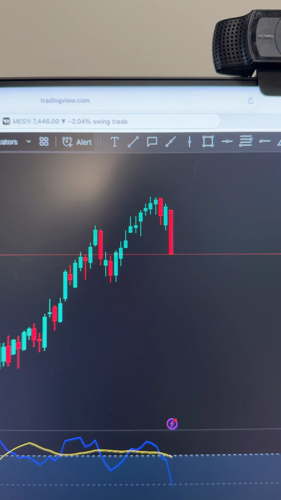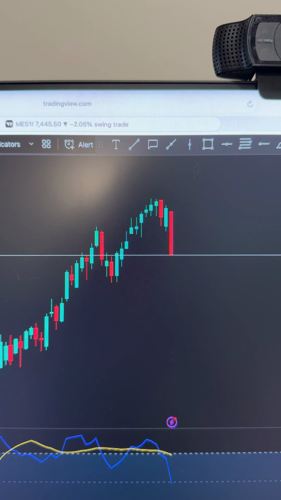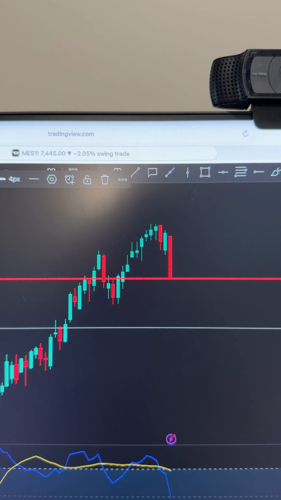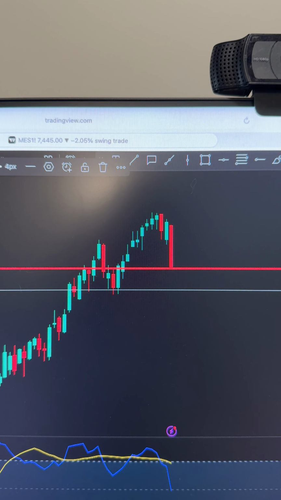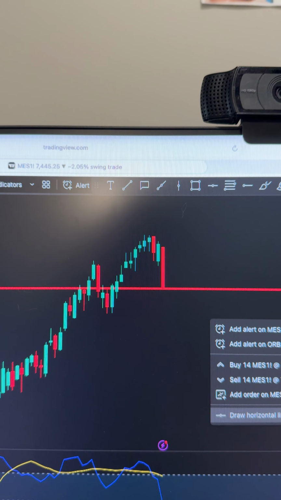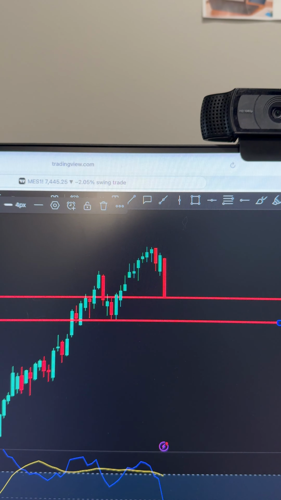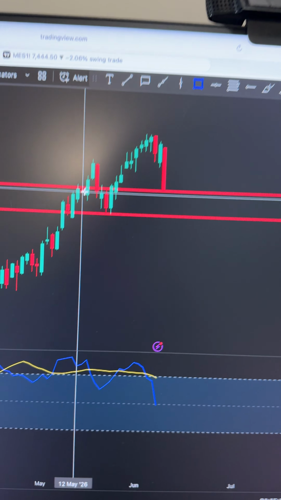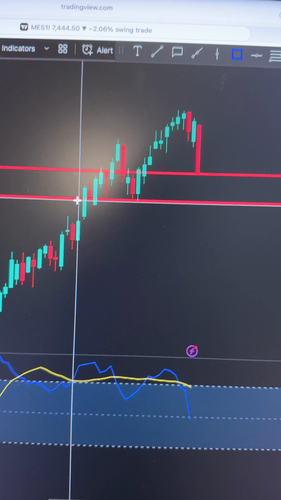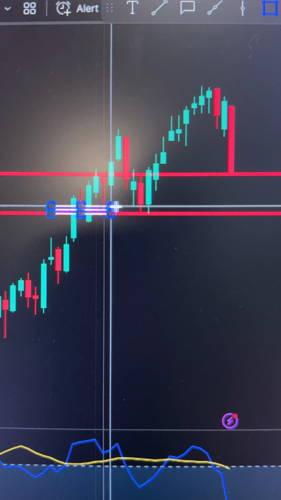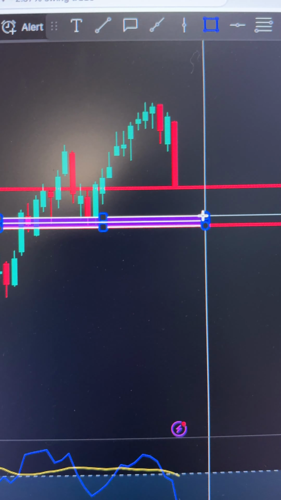What I want y'all to do is go and put a line here, and then put another line in this area. You can do it at the body or the wick, or you can grab this rectangle tool and make a little zone from the wick to the body of the candle, because price could bounce anywhere in here.